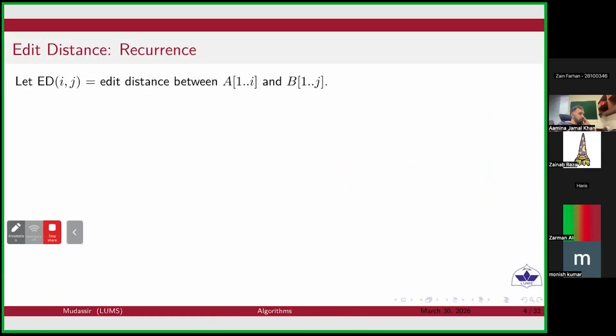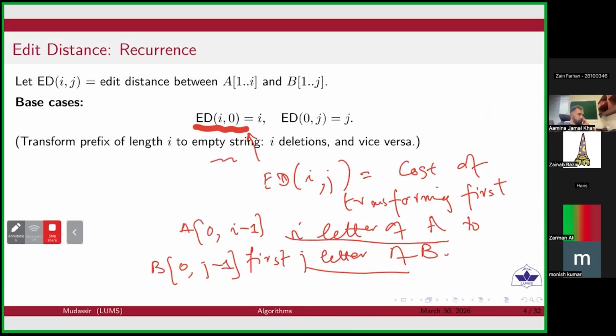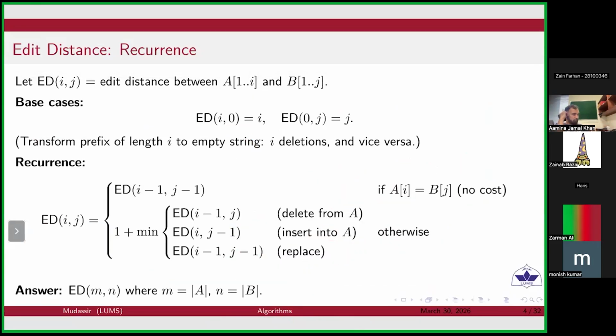Yeah. All right. And then we had the recurrence. Recurrence says that if the ith and jth letters match, then ed of i and j should be ed of i minus 1, comma, j minus 1. मुझे क्यों लग रहा है कि यहाँ पे गलती है?